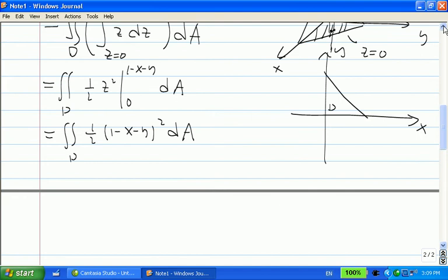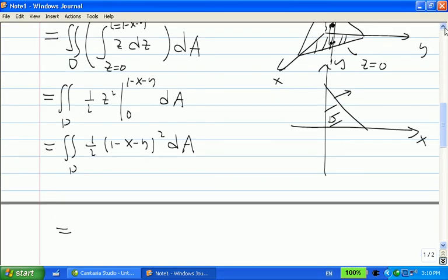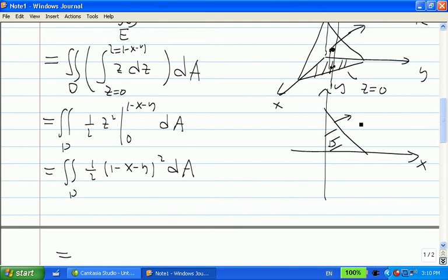Once you get a double integral, let's go back to what we learned before. So this double integral is on the xy plane in this triangle. First thing we need to figure out is the equation of this line. Let's go back. This line is this one. How do we find that line? That line is the intersection of two planes.